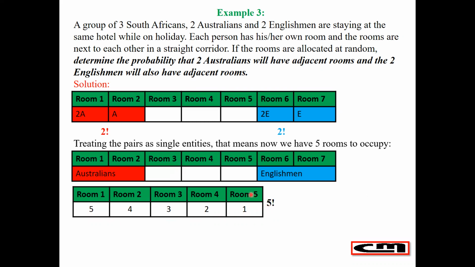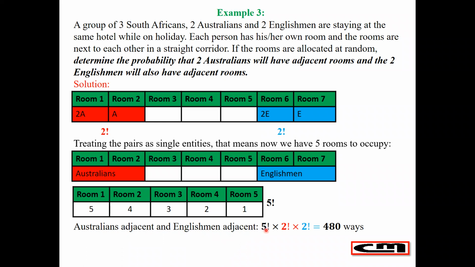So the fact that I know in how many ways the Australians can sit in their rooms, or in how many ways the Englishmen can also sit in their rooms, therefore I'm now simply saying Australians adjacent and Englishmen adjacent.